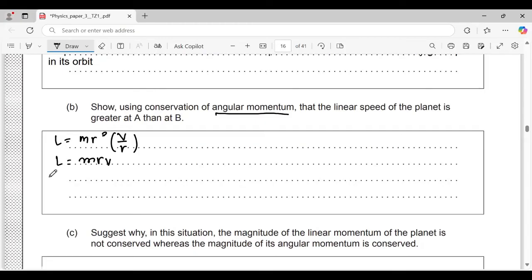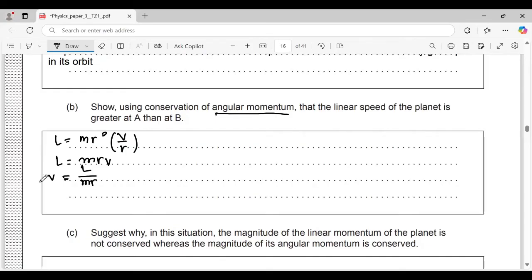If v is the linear speed, and r is the distance between the star and the planet, then the equation is v equals L over m times r.